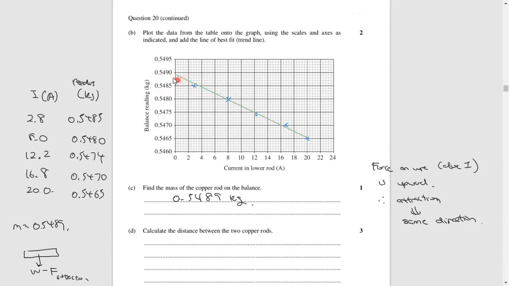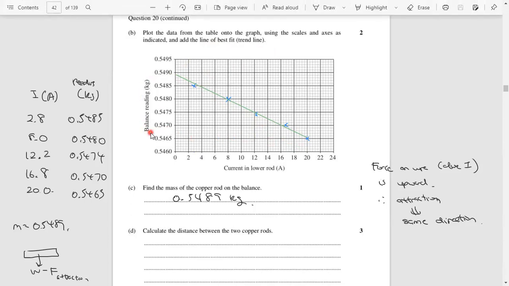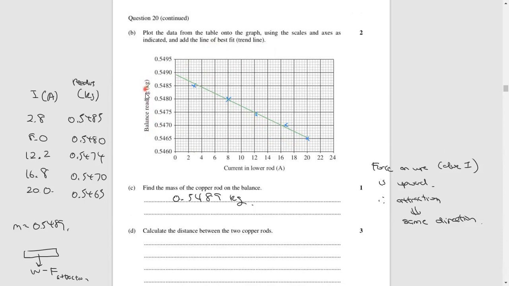Now, we're going to also use the graph, of course. And typically, when we draw a line of best fit, we might want to consider what the gradient is doing. Okay. So with the balance reading, it's an mg. It's the m, right? Because it's a balance. Well, I mean, it's the force, but measured in units of mass.